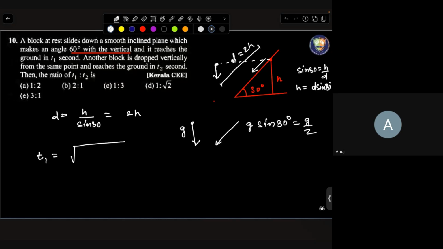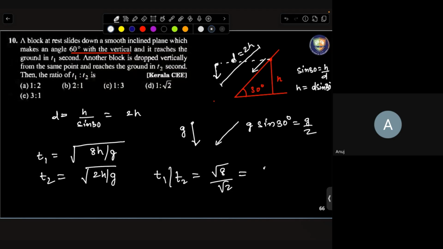So T1, if you look at it in terms of h, it is root of 8h by g. T2 you must be getting as root of 2h by g, so that T1 by T2 is root 8 by root 2, which is root 4, that is 2. So T1 is to T2 is 1 is to 2.